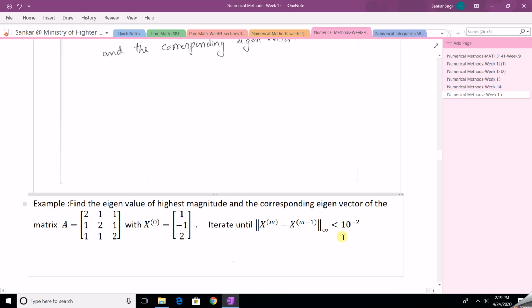That means the difference between an approximation of the eigenvector and the previous approximation. If that is less than 10 power minus 2, you can stop. That is the condition to see how long we have to continue the iterations.